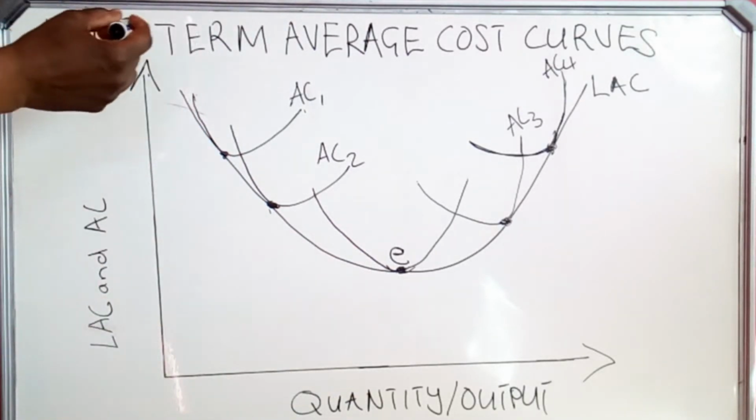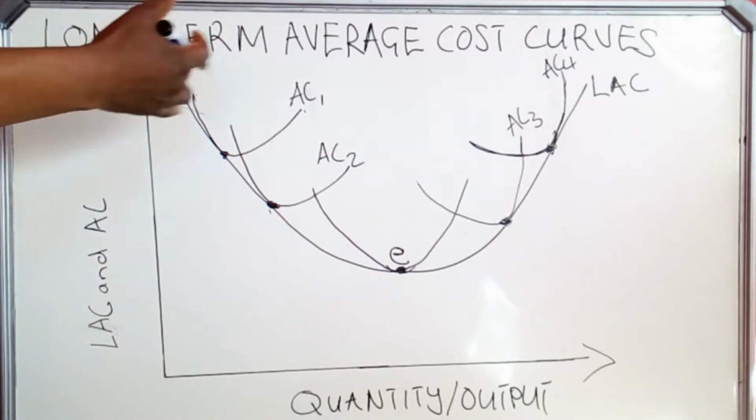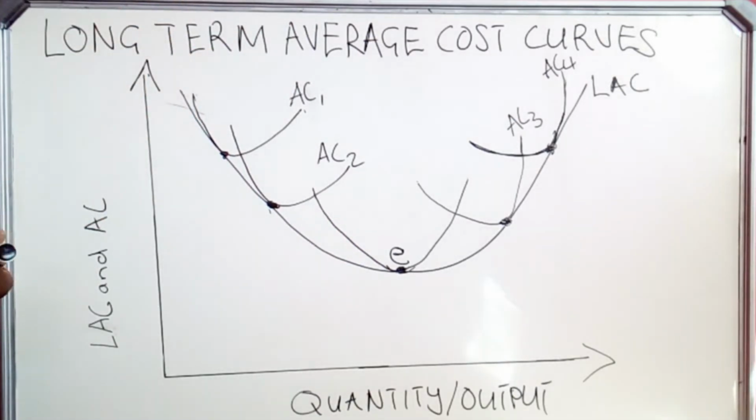Remember that for a firm in the long term, all the factors of production are variable. We've got variable factors of production, and as such we have mobility in terms of these factors of production. So a business may adapt its production capacity by building a bigger plant.